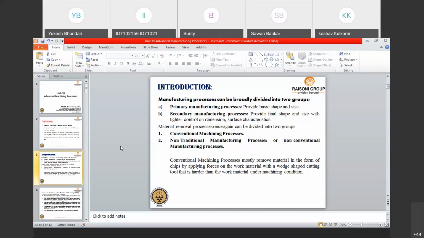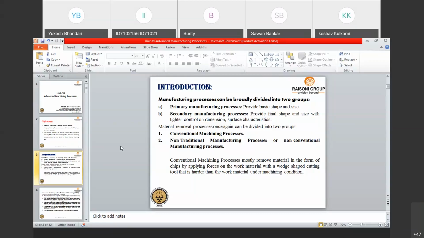These are not traditional. Why is it called non-traditional? Because here we use a non-traditional energy source. In conventional machining processes, material is mostly removed in the form of chips.